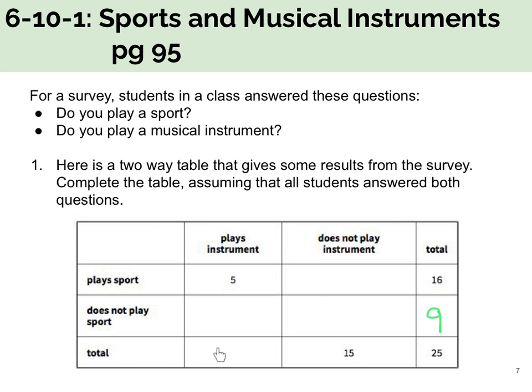So we have 15, and we have something missing. So let's do 25 minus 15. Oh, that's 10. So in here is 10. And then again, as far as the row, everything going across has to add together to make 16. We're going to do 16 minus 5. That is 11.